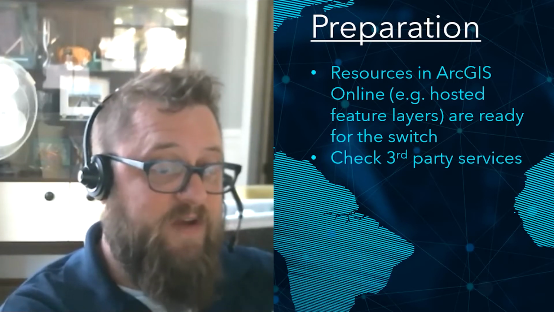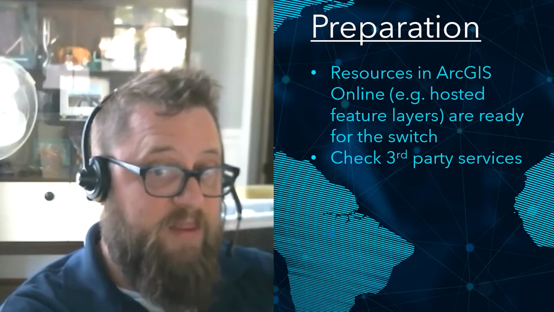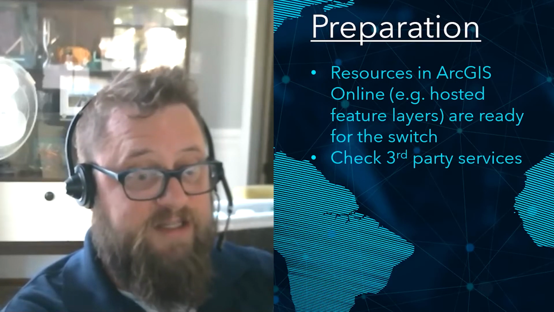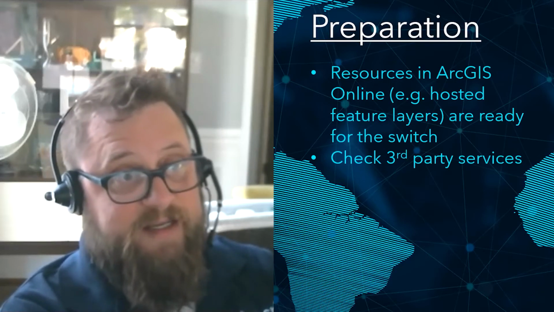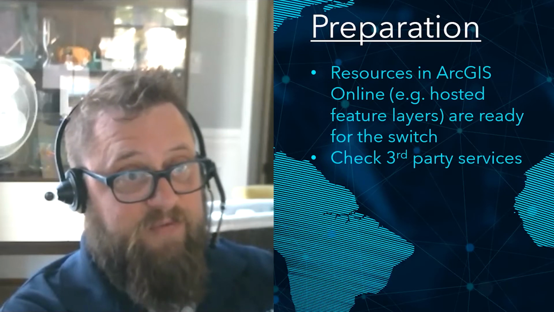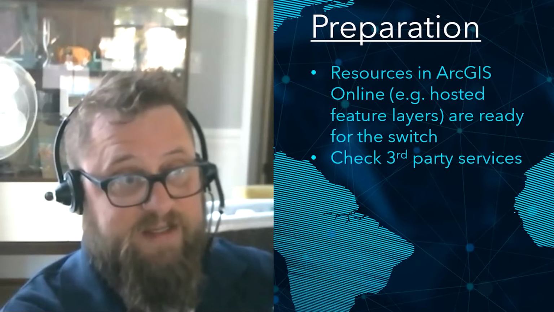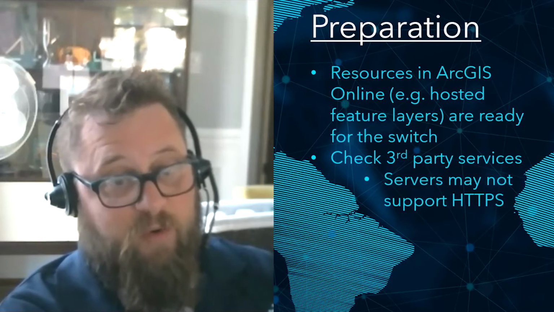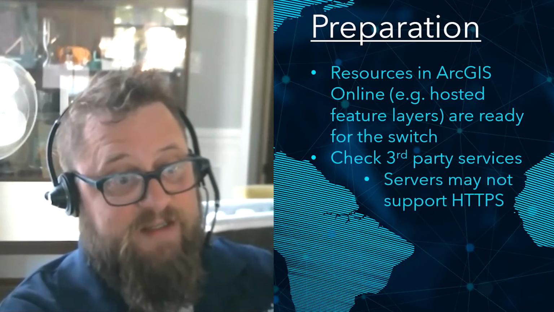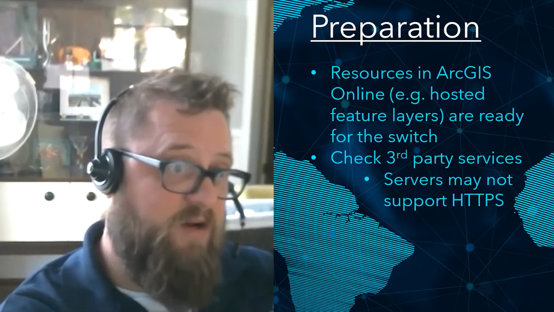Customers may need to validate with those resources whether or not they actually support HTTPS themselves, because if the resource on the other end of the line doesn't itself support HTTPS, and you go to upgrade your requests to attempt to use HTTPS, then that could potentially cause a problem.